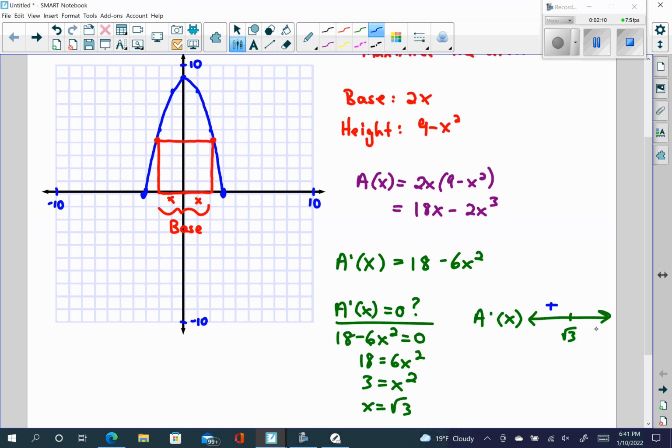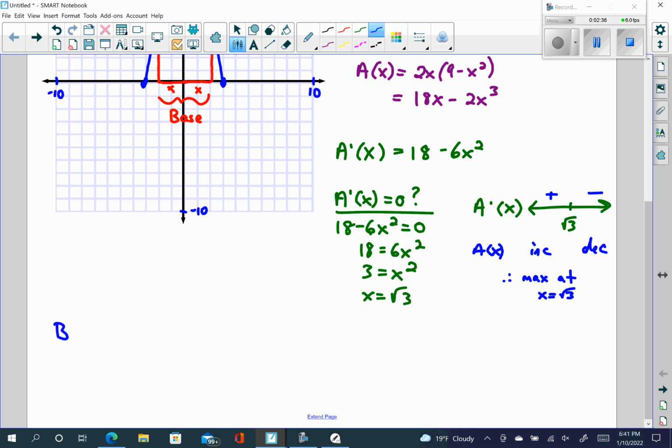And let's say I just substitute in a 10. That's definitely going to be negative. So we know our area is going to be increasing until we reach x equals radical 3, then it'll be decreasing afterwards. So that guarantees that we have a max at x equals radical 3. Therefore, we have a max at x equals radical 3.